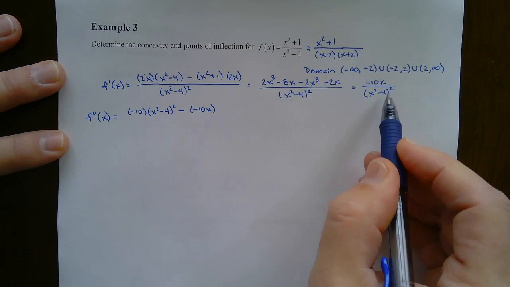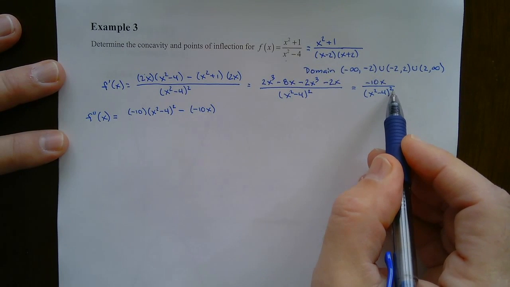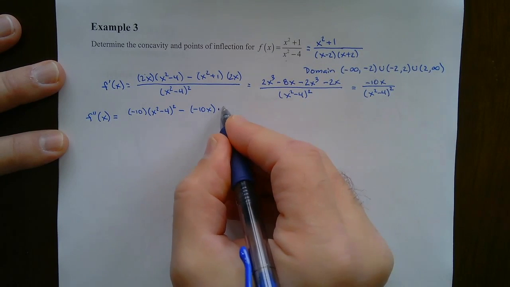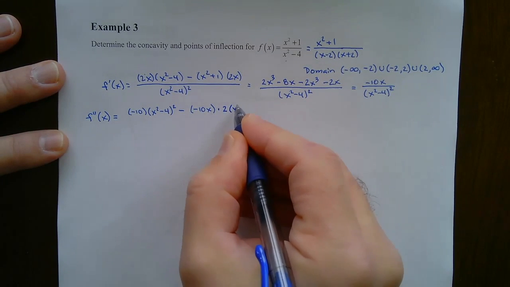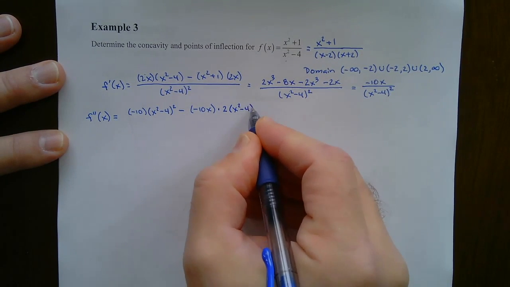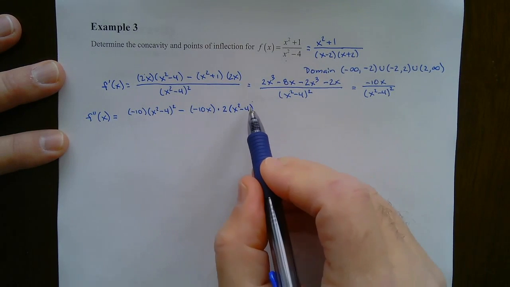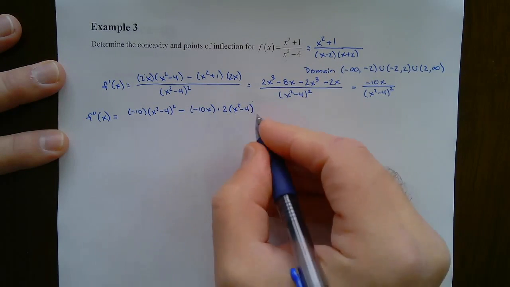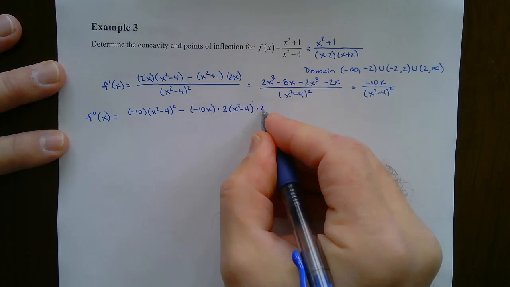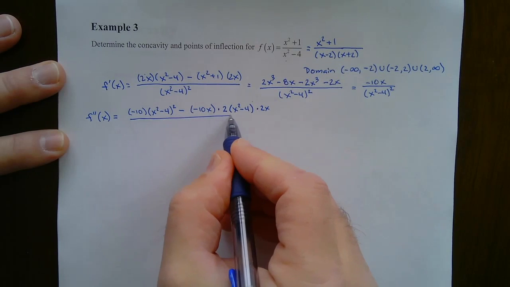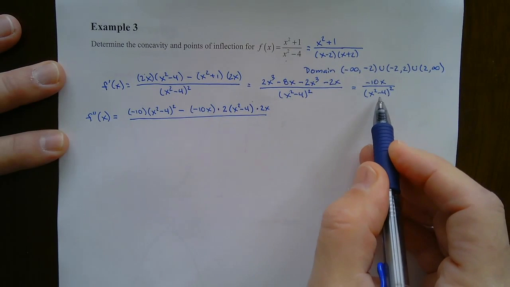So we're going to have to apply the chain rule here along with the power rule. So we bring the power down. So this would be times 2 times x squared minus 4 to the first power, which I don't need to write, and now times the derivative of the inside, which would be 2x. So times 2x, all over, and then we have to square this.